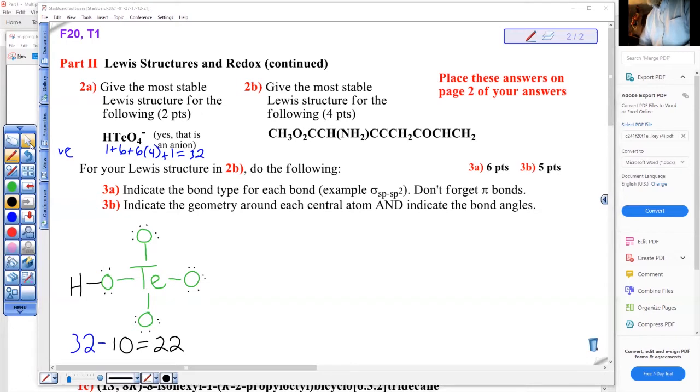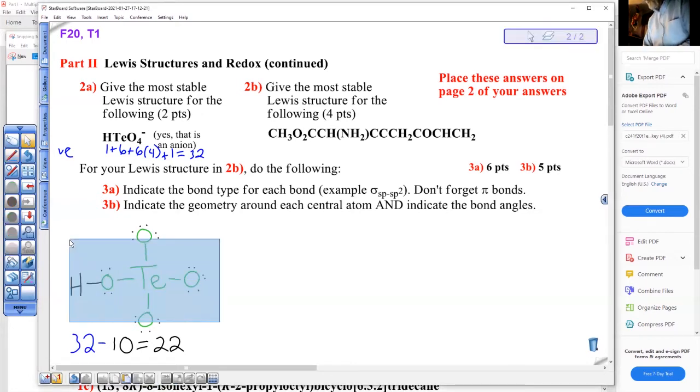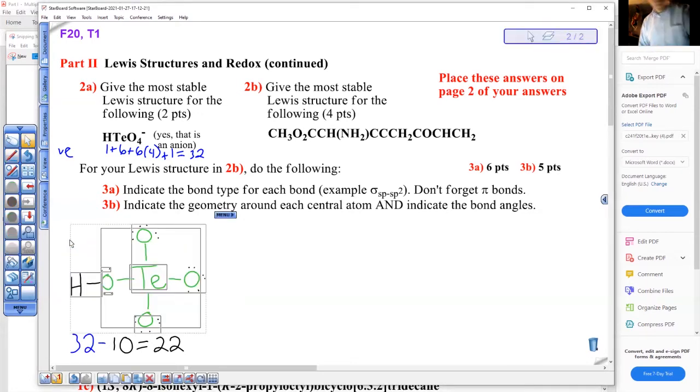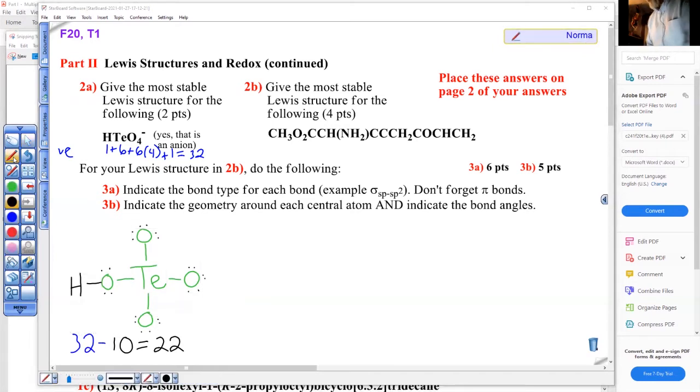Formal charges say we've still got work to do. I'm going to copy that before I move on. Formal charges say each oxygen with 3 lone pairs is an anion. You get 3 anions and 1 tellurium. And why is the tellurium plus 2?